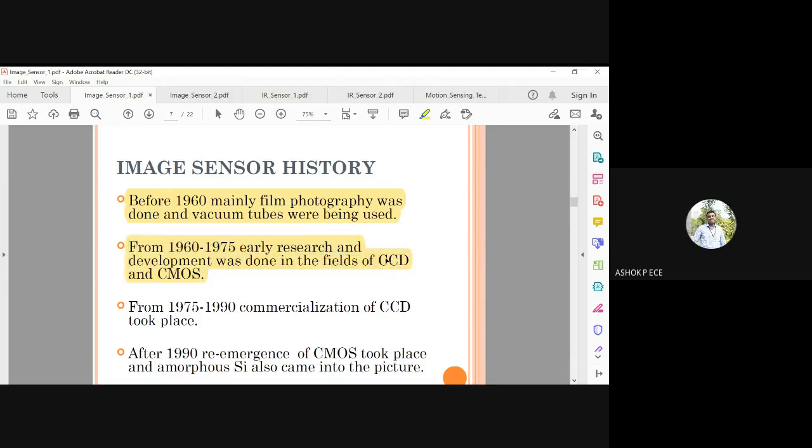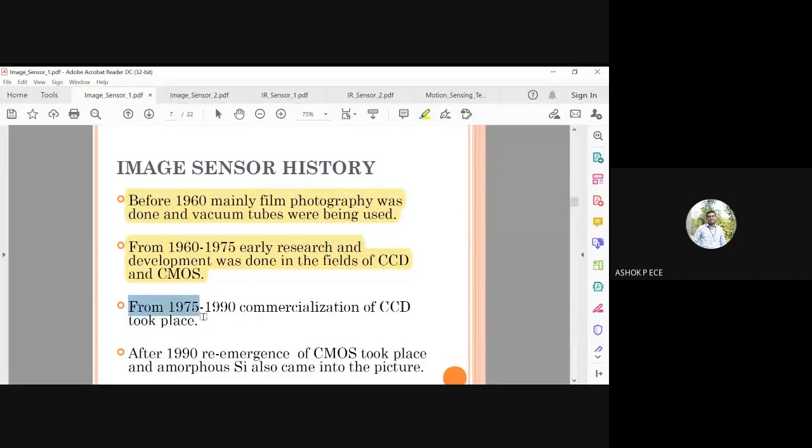CCD is charge coupled device. We have seen this CCD when we looked at video cameras and camcorders. CMOS is a transistor technology, complementary metal oxide semiconductor. Research was extensively going on from 1960 to 75 in these areas.